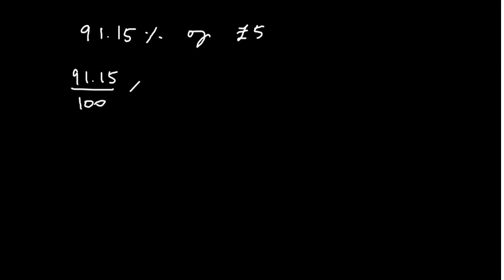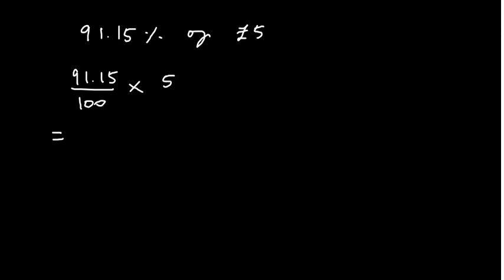Okay, let's do one more example. Let's try finding 91.15% of £5. So that would be 91.15 over 100 times 5.